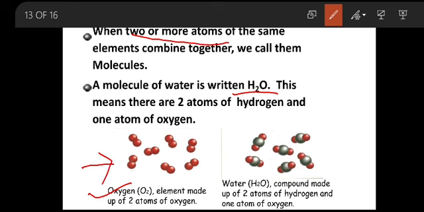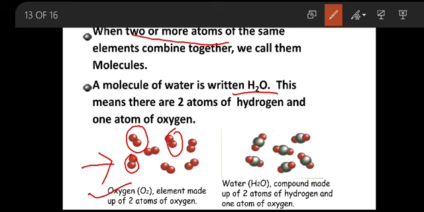Look at this picture, my dear children. Here, one ball represents an atom of oxygen. Now, in all these things, I have two balls attached. So, it means two atoms are attached. Two atoms are sticking together. Okay, that sticking together is called a bond in chemistry technically.